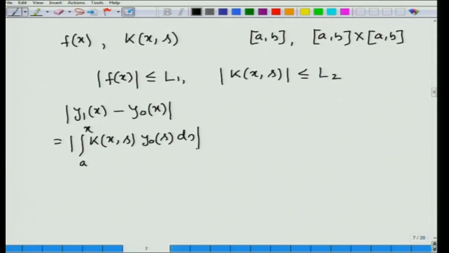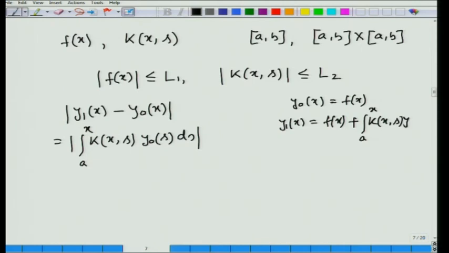This is coming in this way. If you assume y0 x is equal to f x, then from the result y1 x equal to f x plus integral a to x k of x comma s y0 s ds, we can write this is equal to y0 x plus integral a to x k of x comma s y s ds.